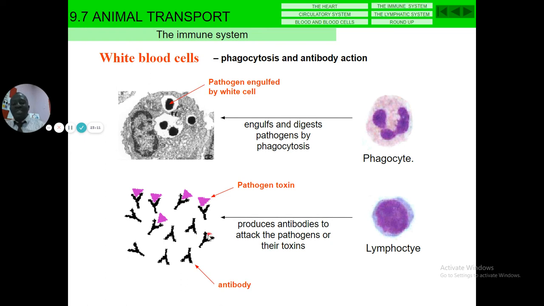They have a structure which we call the epitope. This structure here is complementary to the structure of the pathogen. That's where specificity comes in. With white blood cells here, which we call the phagocytes, they are not so much into how the pathogen looks. It just finds it, attacks it, engulfs it, and feeds on it.